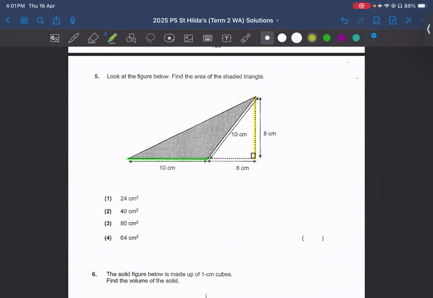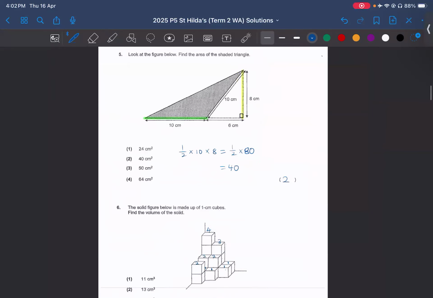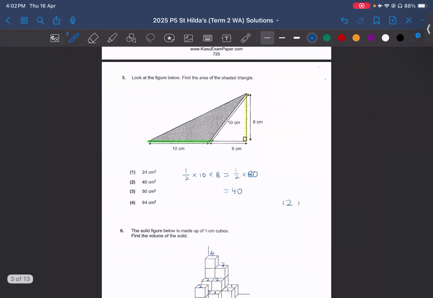This 8 cm is perpendicular to your base of 10 cm. To find the area of the shaded triangle, just half times your base, 10 cm, times your height, 8 cm, which equals half times 80. 10 times 8 is 80, and half of 80 is 40. So your answer will be option 2, 40 cm squared for the area of the shaded triangle.